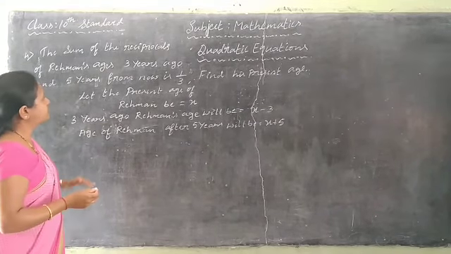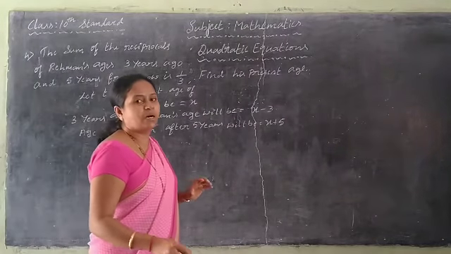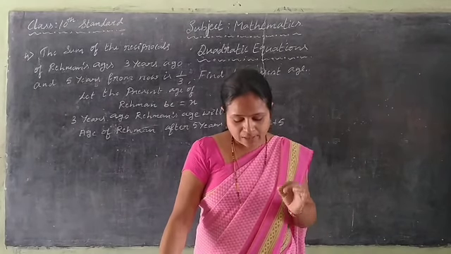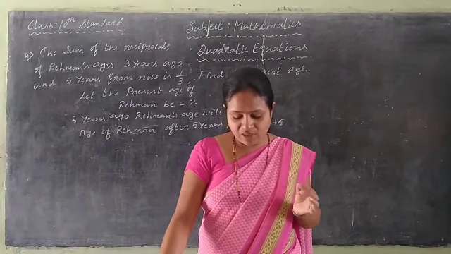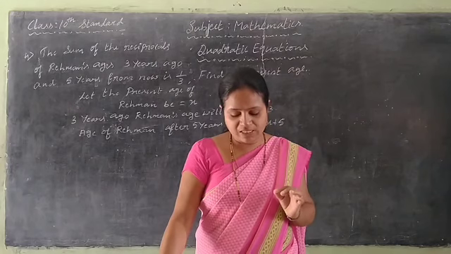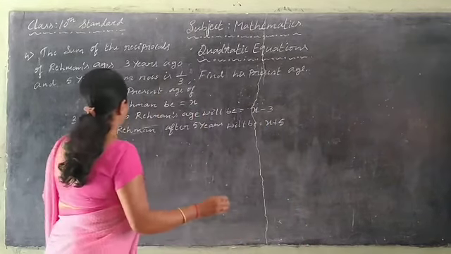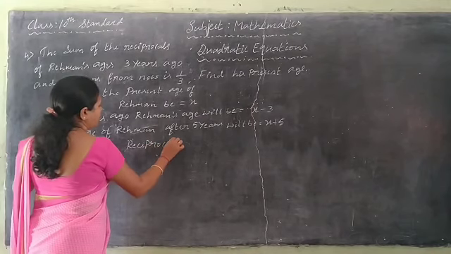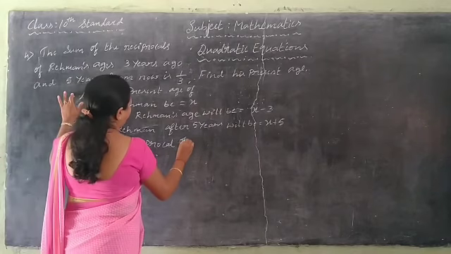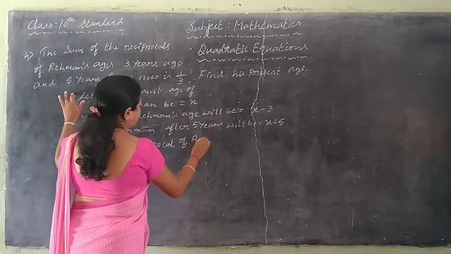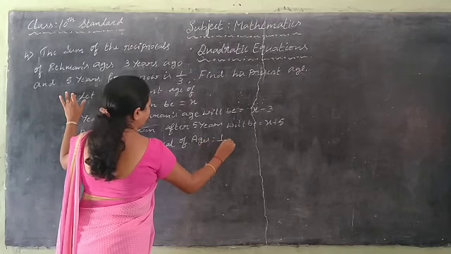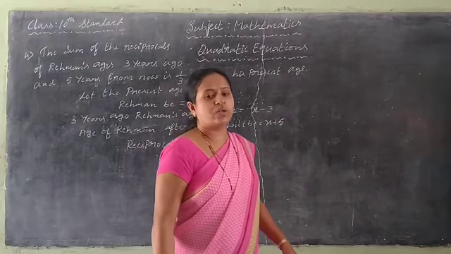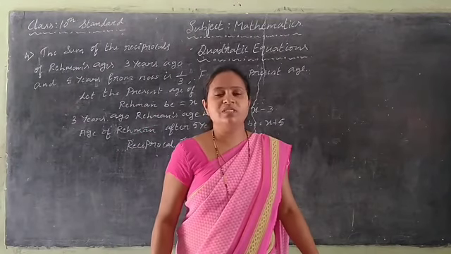So it is telling the sum. The sum is how much, children? The sum is 1/3, isn't it? So the sum of the reciprocals of Rahman's age 3 years ago and 5 years from now is 1/3, isn't it? So the reciprocal of age is 1/3, children. Reciprocal means what we have to do?